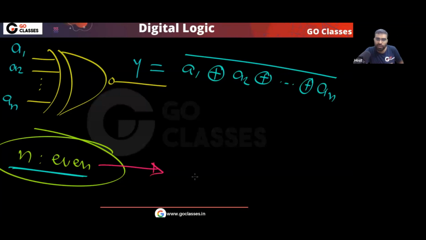But if n is even, the complement of XOR will be XNOR. Yes or no? If n is even, then the complement of XOR will be XNOR.